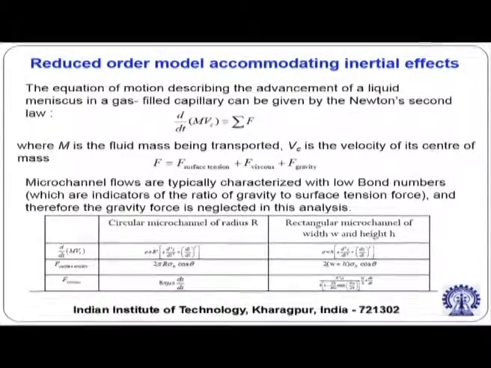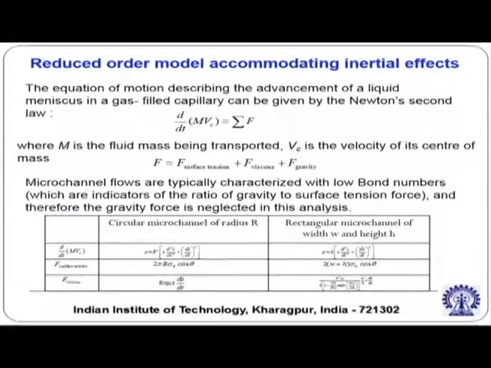Now, we will proceed a little bit further forward and try to assess the situation when inertial effects are important. So far we have neglected the inertial effects, but we will now consider them for simplicity and for their relevance in micro and nano scale. We will neglect the gravity effect.